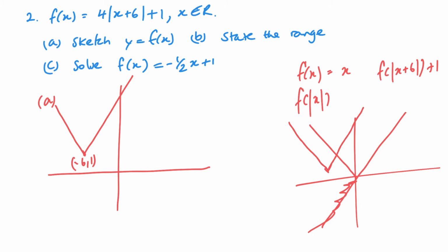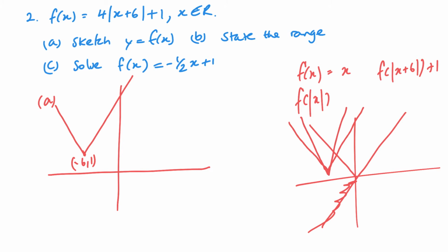Okay, then when I look at the 4 in front of it, that is going to increase the y values, but it doesn't change the +1 because that's separate. So it's then going to be a steeper version of this, and that's where your graph goes from.